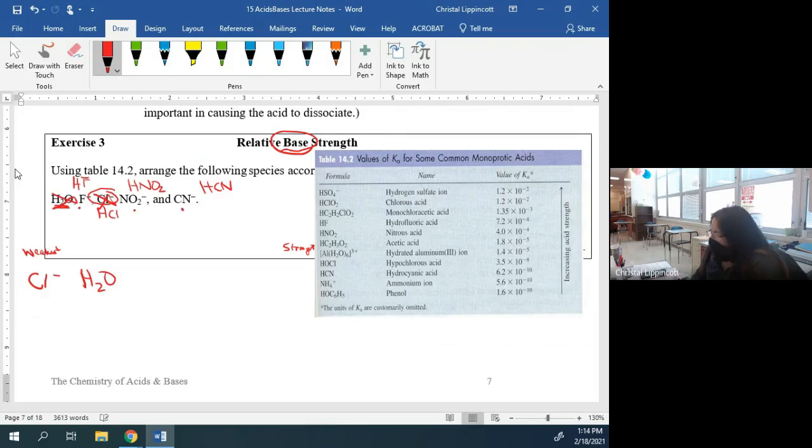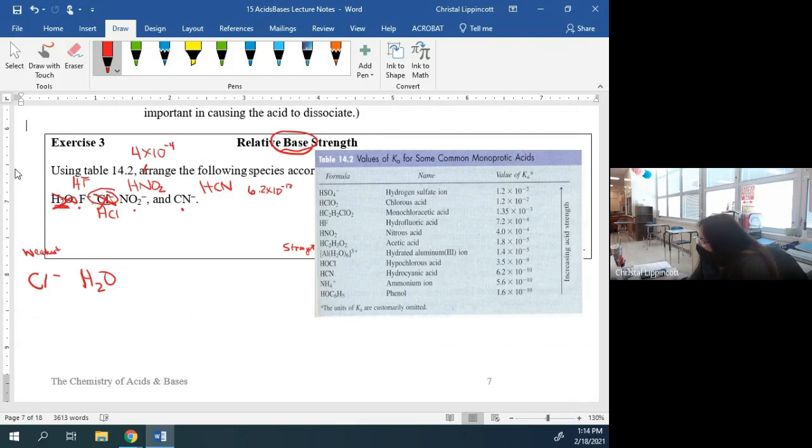If I look at my values over here, I see that HCN is right here. It is 6.2 times 10 to the negative 10, since it won't let me write on it. HNO2 is 4 times 10 to the negative 4. And HF is over here.